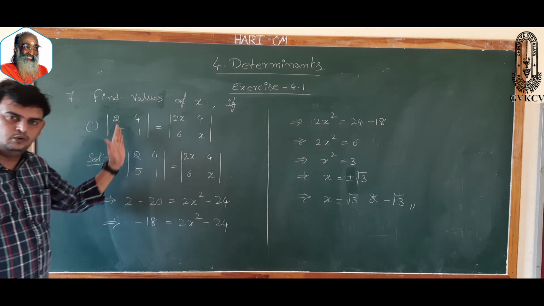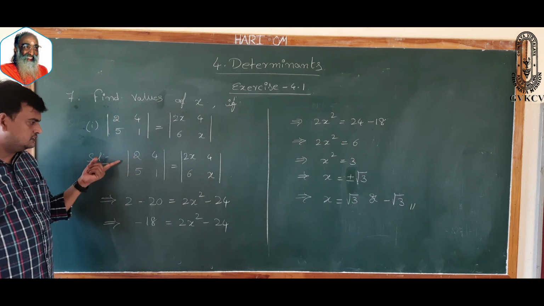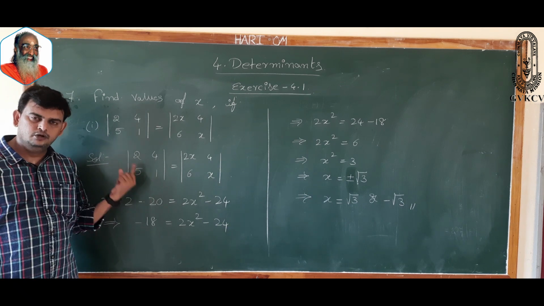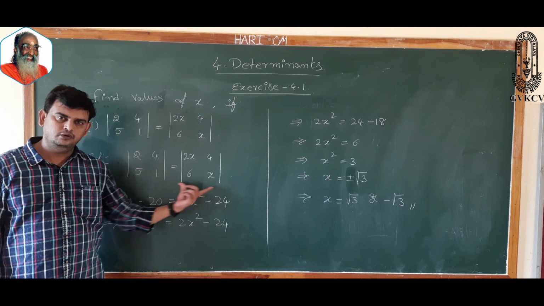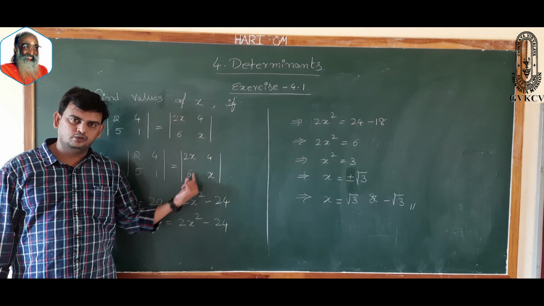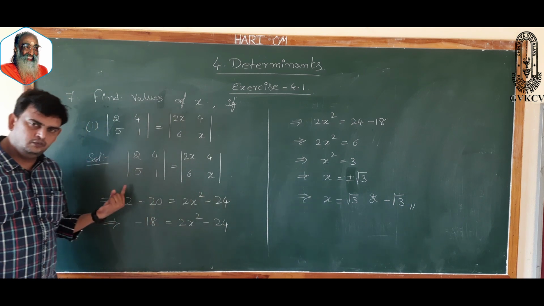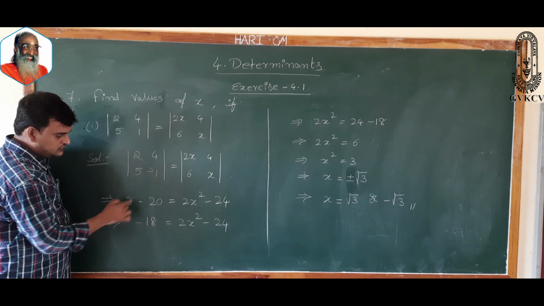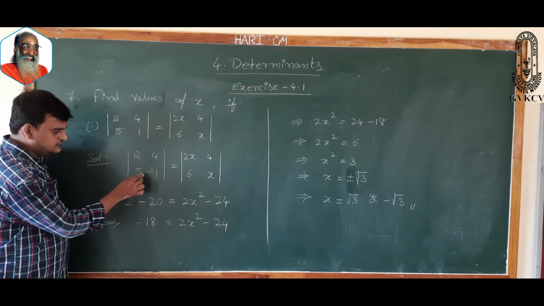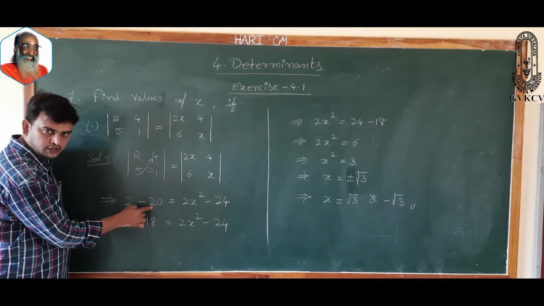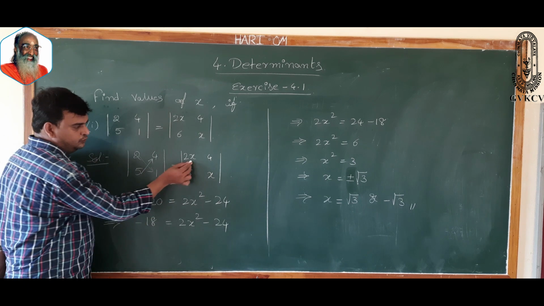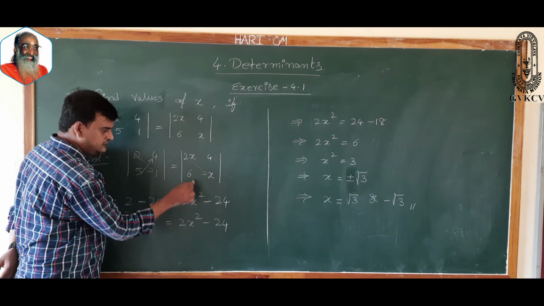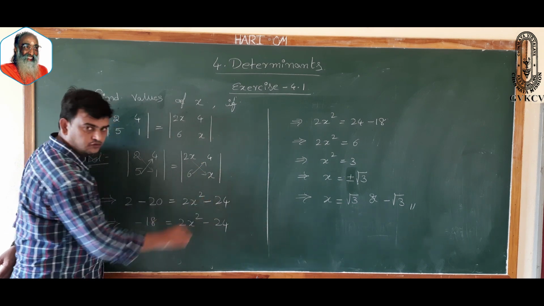Now let us see how to solve this problem. First, the given question is det [2 4; 5 1] is equal to det [2x 4; 6 x]. Now we go for defining the determinant. As we know, 2 1s are 2 minus 5 4s are 20, is equal to 2x into x, 2x squared, minus 6 4s are 24.